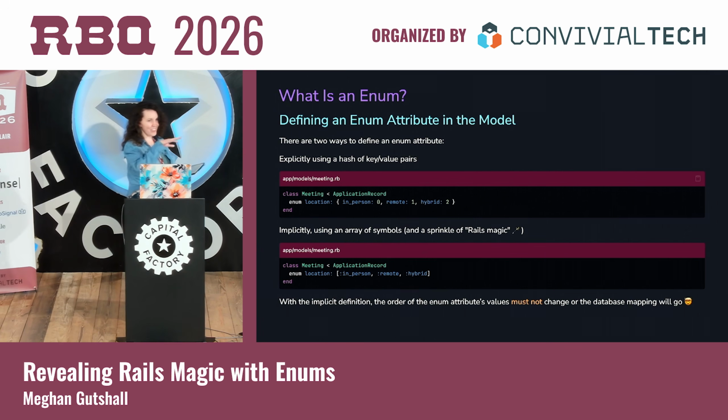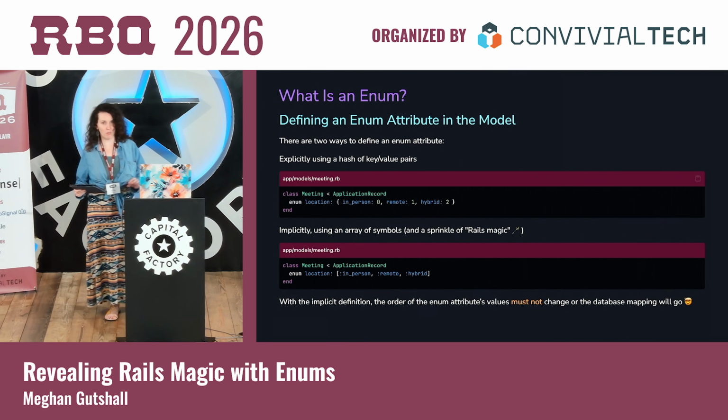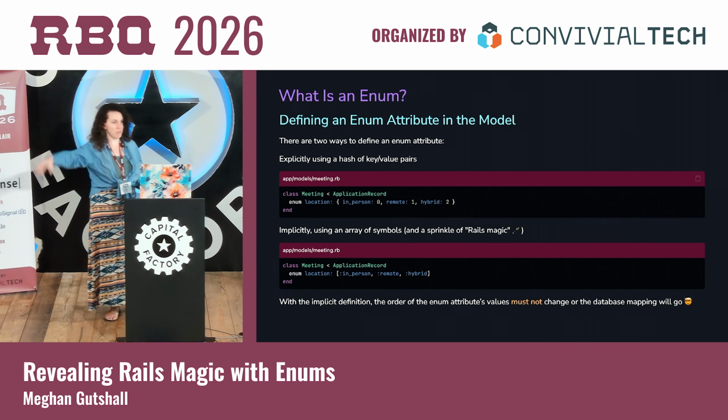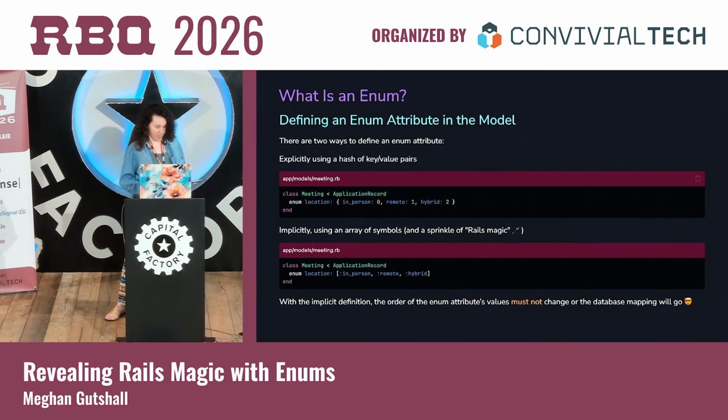That's where our Rails magic gets sprinkled in. With the implicit definition, it's important not to change the order of the enum attribute values, because if you do, the database just explodes. I learned that the hard way.